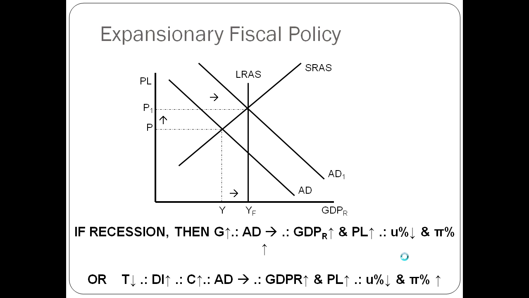So there are two options here with the expansionary policy: increase government spending or lower taxes. But either way, the point is you want to do one of those two things, or both, to shift the aggregate demand back to full employment output.